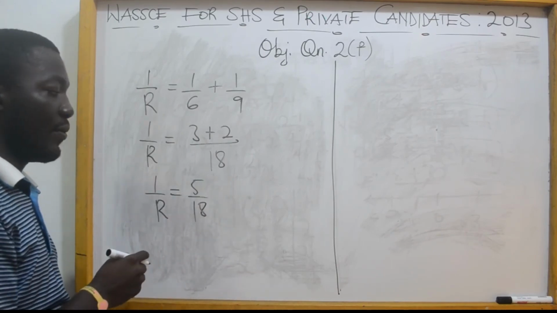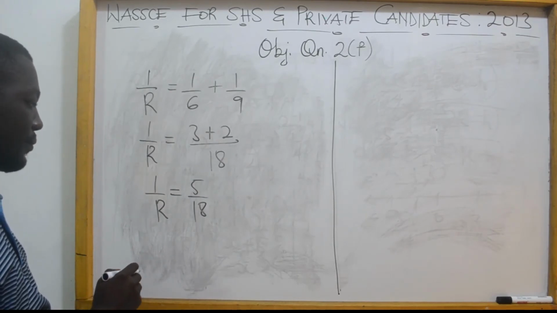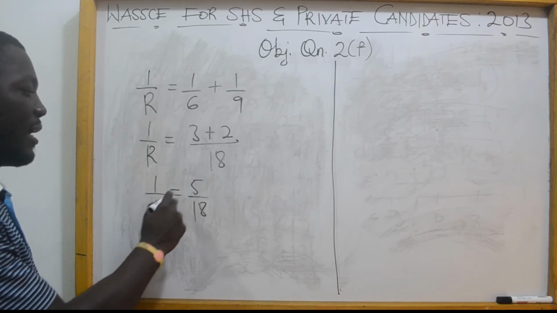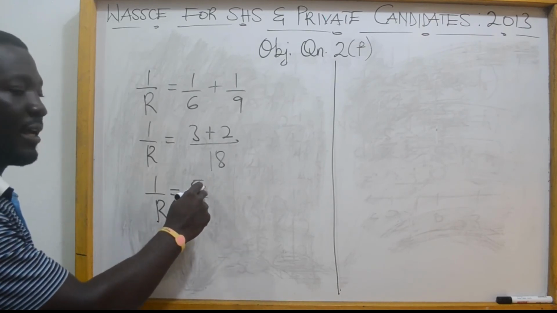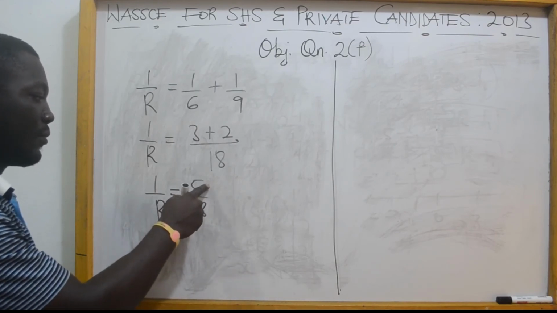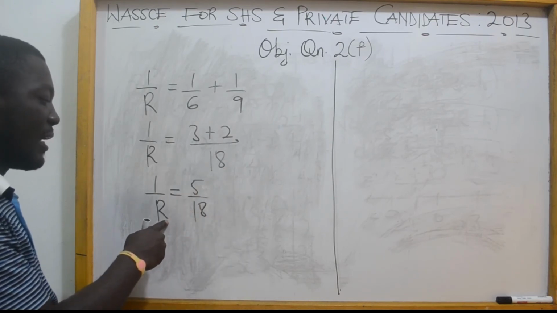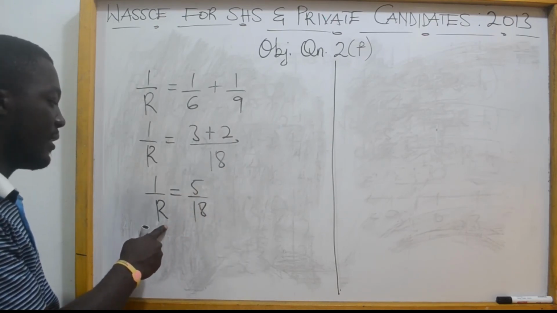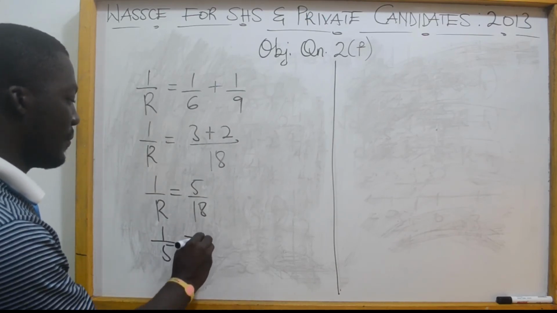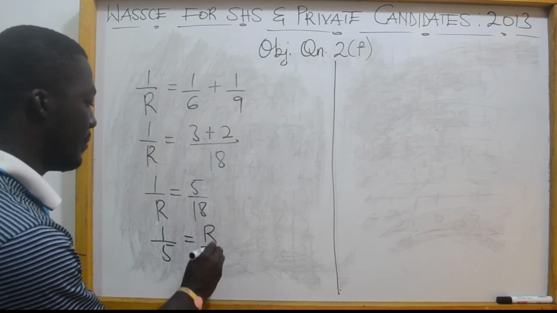And again, with cross multiplication, the r will cross from the denominator at this side and become a numerator at the right hand side. And 5 will also cross from the numerator at the right hand side and become a denominator at the left hand side. So we get 1 over 5 is equal to r over 18.